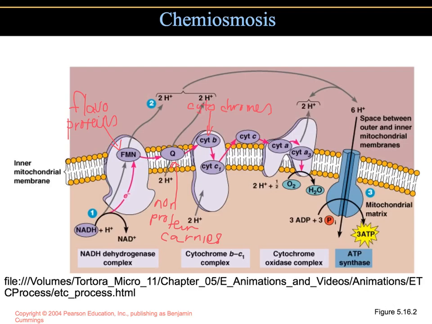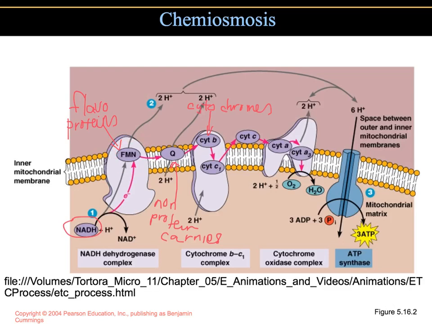So here what we see is, and I'm just showing NADH. Remember that there were also two FADHs made, but we're going to follow one molecule of NADH. So NADH moves in. Remember, these were made in the previous steps. One NADH moves in and it puts its electrons onto the first electron carrier that we see here.